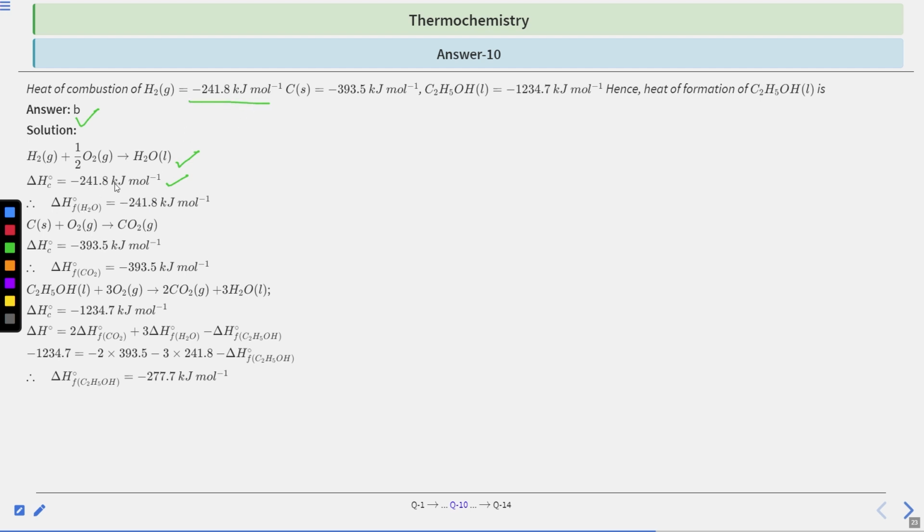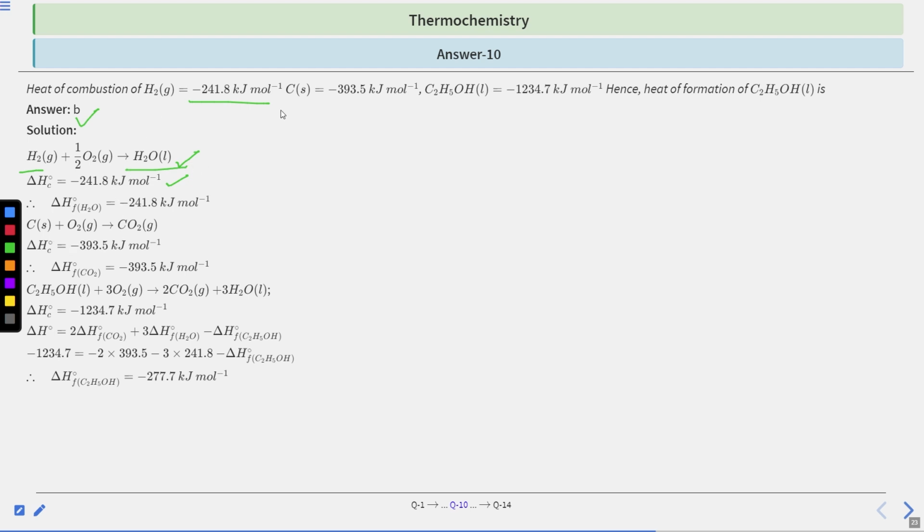Heat of formation for H2 is equal to heat of combustion of H2, right? Because in this reaction H2 is formed. So we can also say that heat of combustion of H2 is equal to heat of formation of H2O. So these both are equal.